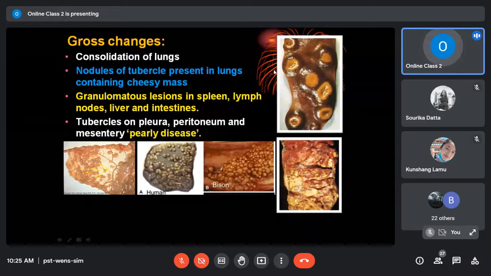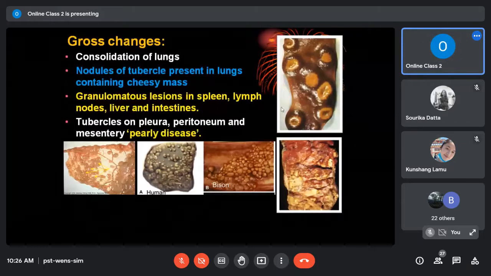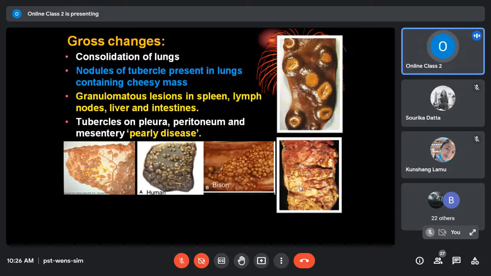When you make a section of these nodular tubercular lesions, they show central caseous, cheese-like material in the center of the nodule, the tubercle. That is nothing but caseous necrotic lesion, and these are termed granulomatous lesions also.